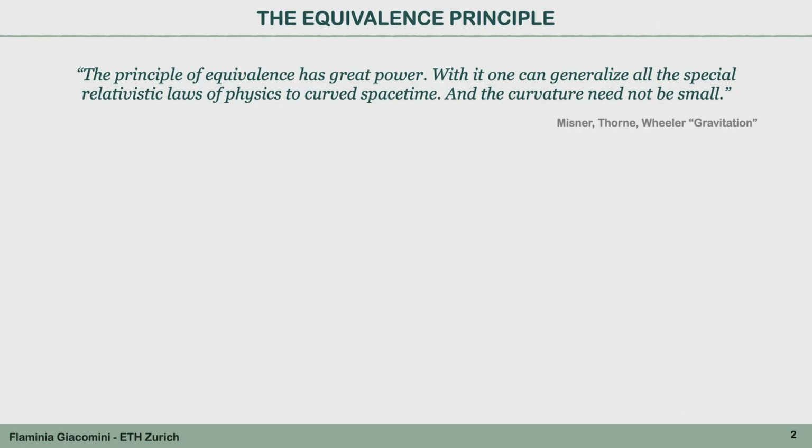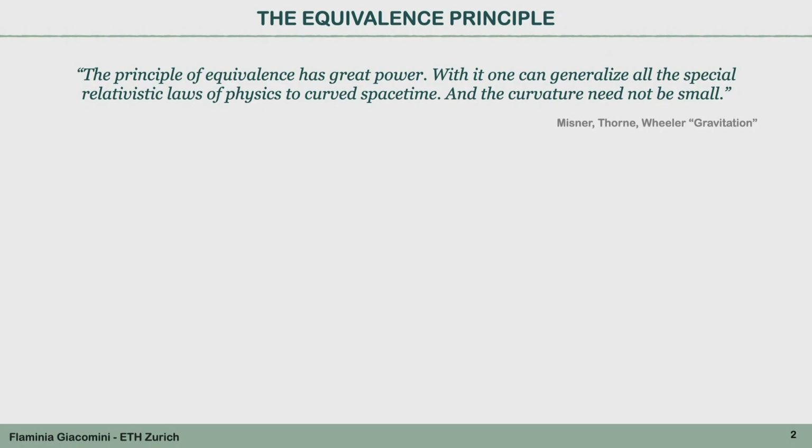But first, let me start by talking about the usual equivalence principle and why it is important in a physical theory. This is a quote from one of the most used books on general relativity, the Gravitation book. It says that the principle of equivalence has great power.